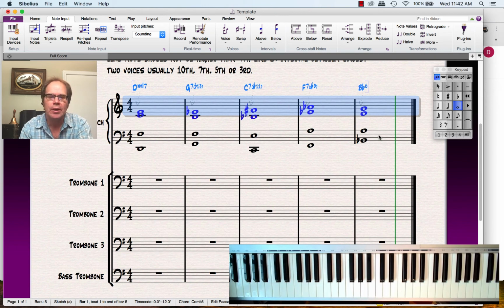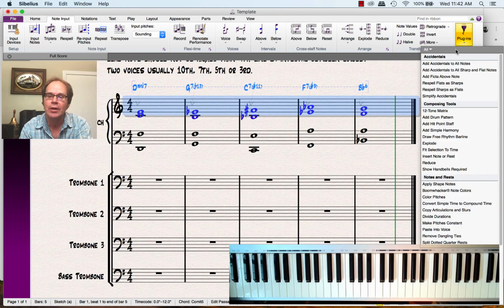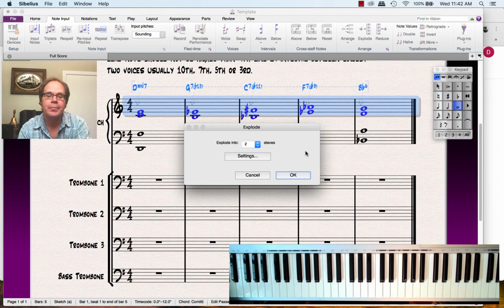I wish you could do it from 2 staves, but you can only do it from 1 staff. So those of you who have Sibelius, if you want to play around with this, here's how you do it. In the Note Input tab, you go to the plugins and you have this Explode plugin here. Once again, it has a couple of limitations.